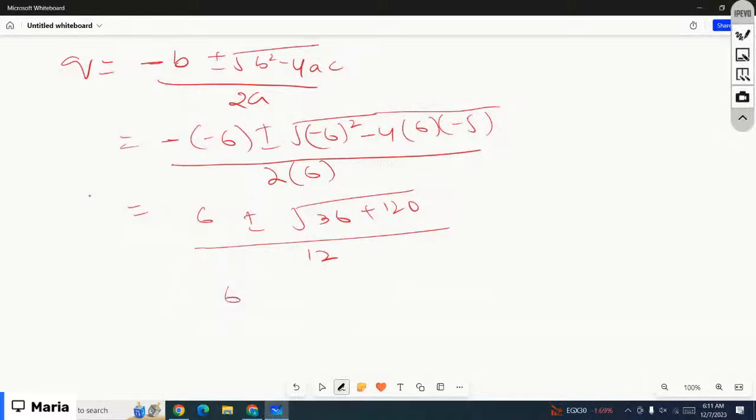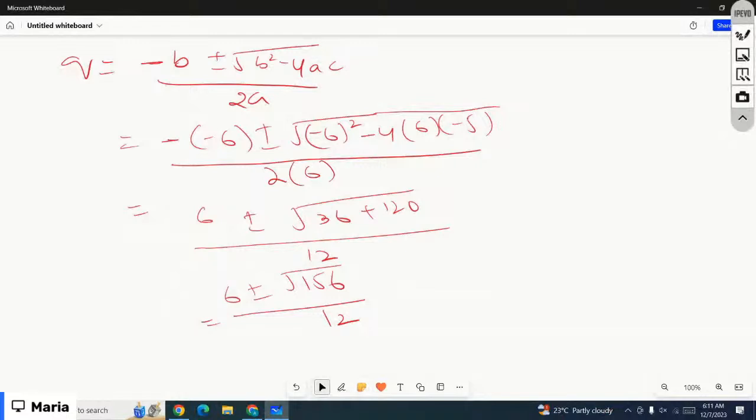So that is 6 plus minus square root 156 divided by 12, right? Let's just evaluate square root 156. Square root 156 equals 12.48.